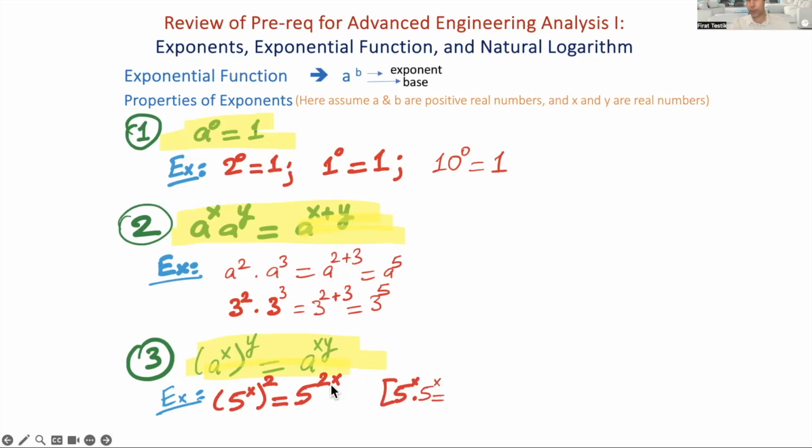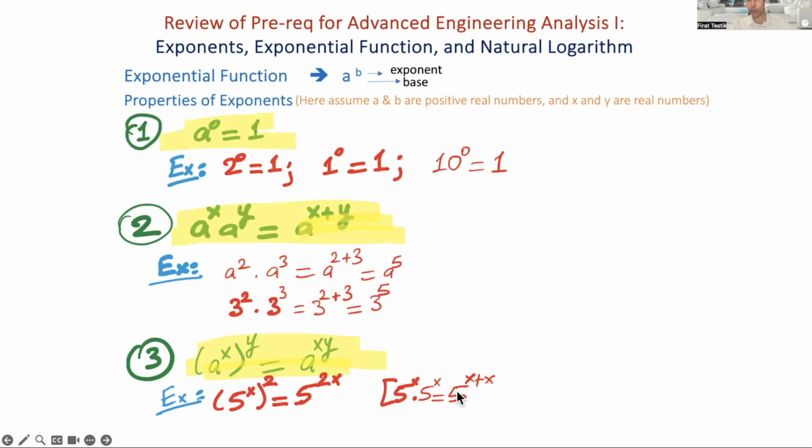Or we can show this also, just as an alternative way, 5 to the power x squared means that it is 5 to the power x times 5 to the power x. This is square, right? So it's multiplication of the exponential function with itself. So we know from the second property, we have the same base.